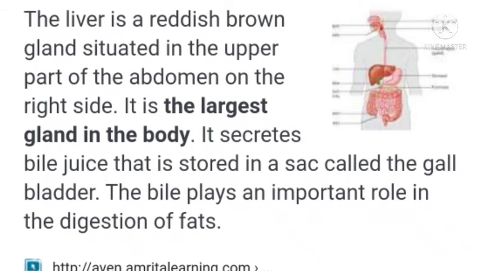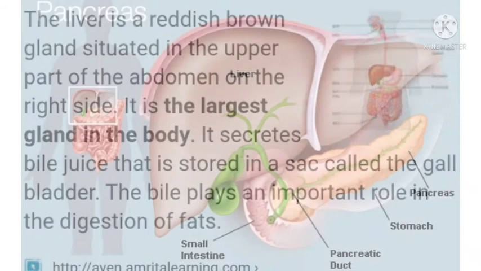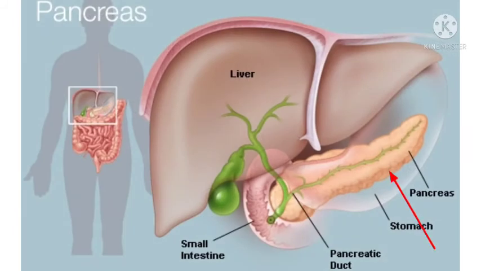Now moving on to the next one, which is called the pancreas. Now see the structure of the pancreas. The pancreas is a large cream colored gland located just below the stomach, and it secretes pancreatic juice which gets released into the intestine.